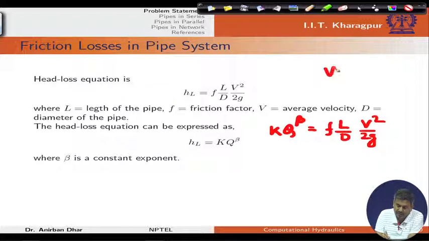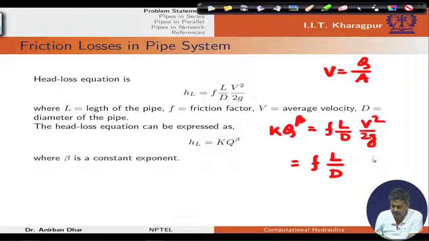Now, in place of V I can write Q by A. So, this is F L by D, this is Q square by 2G A square.